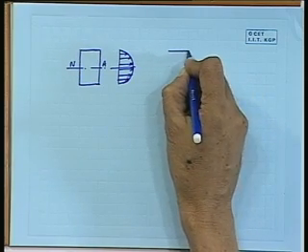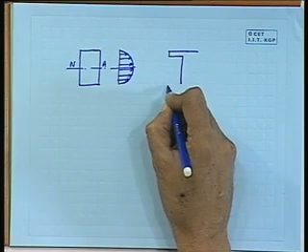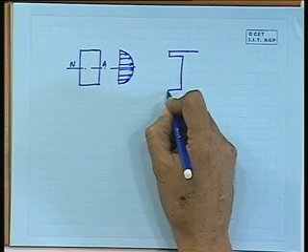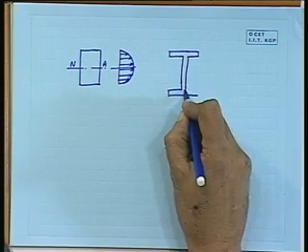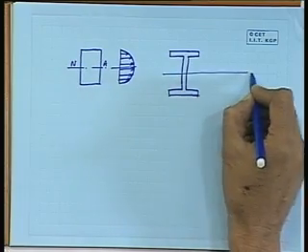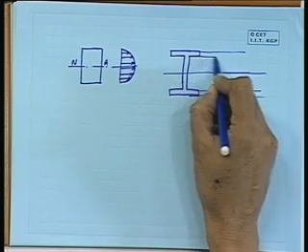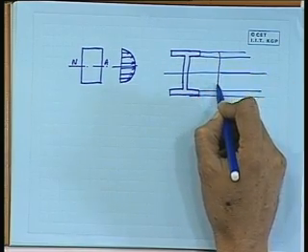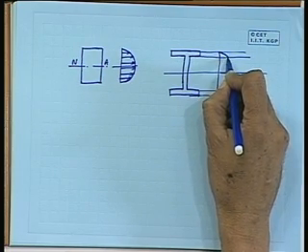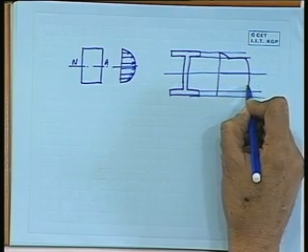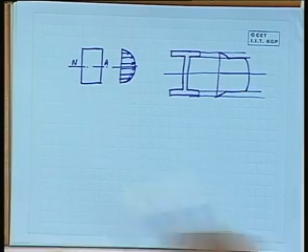If you consider a T section, just for illustration, in fact what you can do is you can take a small example and try to solve it. Let me use a different color to show.